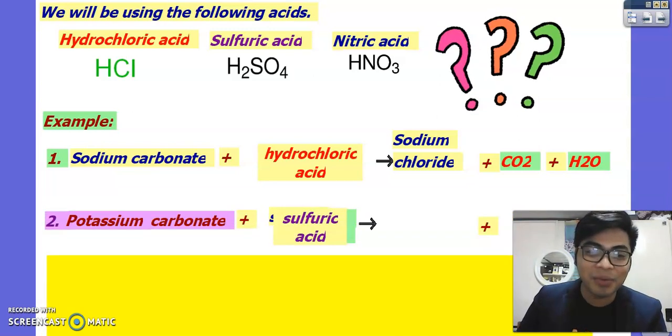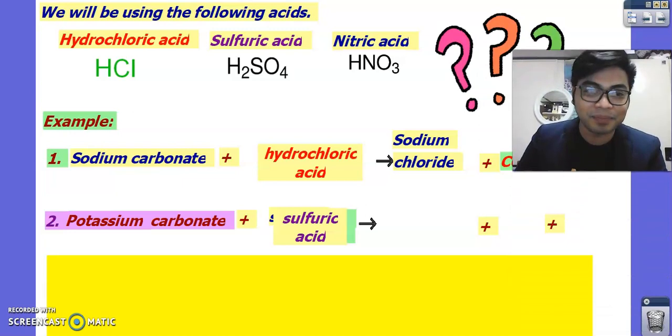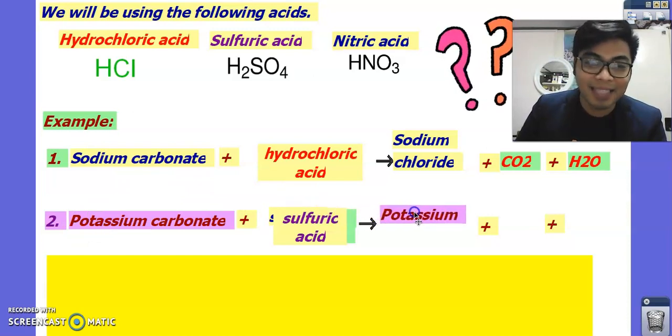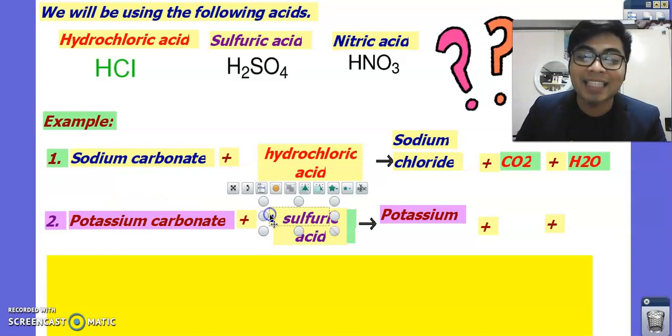Example number 2. We have here potassium carbonate plus sulfuric acid will give you what product? First, we're going to write potassium. It's the metal. Next, which part here of the sulfuric acid reacts or bonds with the potassium? Very good. It's the SO4 in the sulfuric acid.